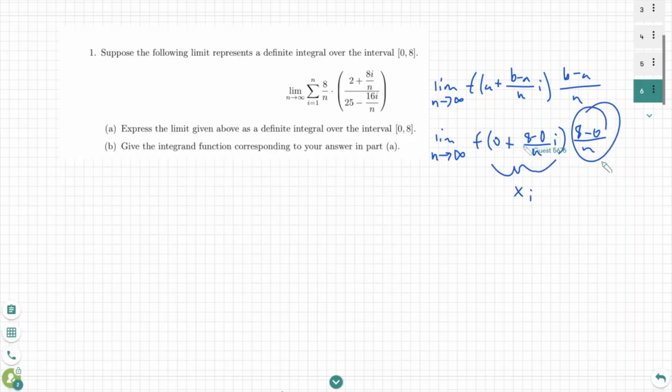Okay, what is 8 minus 0? Change in x. So delta x. The idea is that we have to rewrite this function so that we can come up with this thing, and then we can substitute x for this expression here. That makes sense? Yeah, that makes sense.